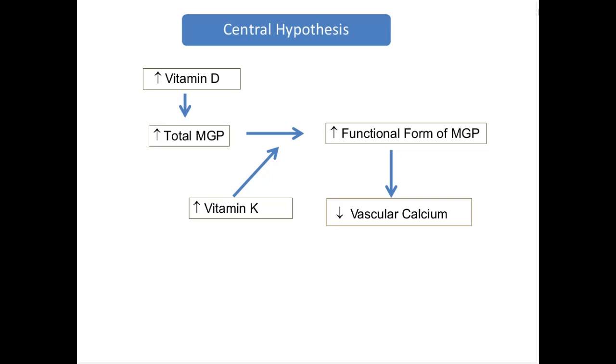We know that vitamin D at the molecular level can regulate how much matrix GLA protein is produced. Therefore, it controls how much is actually produced, which serves as the amount that the vitamin K can transform into a functional form. The more vitamin D, the more matrix GLA protein is produced, and therefore the more the vitamin K will then transform it to the functional form.